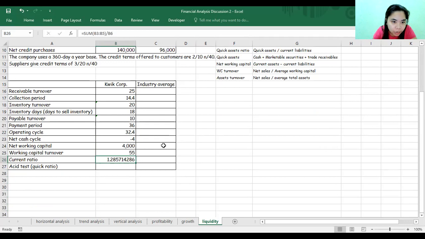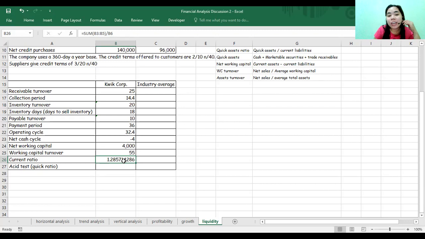So we have 1.28 or 1.29 nga pwede naton ibayad for every 1 peso nga payable naton. So ano siya? Amo ni ang aton power to pay our liabilities, no?